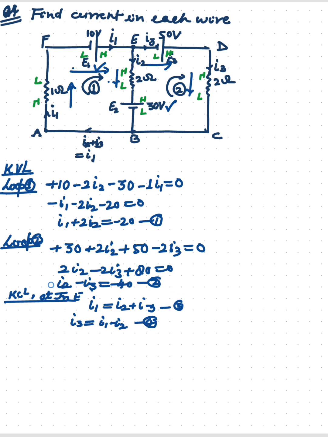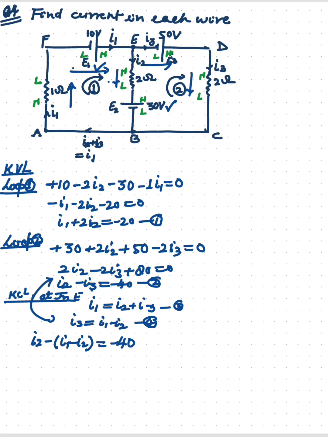Now from these two equations, put the I3 value in this equation, so we will get I2 minus I3, in place of I3 I put I1 minus I2. Okay, and this is equals to minus 40.